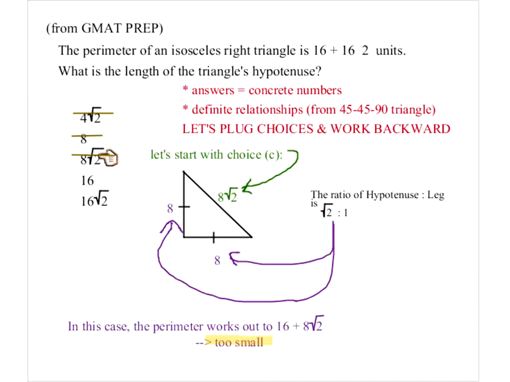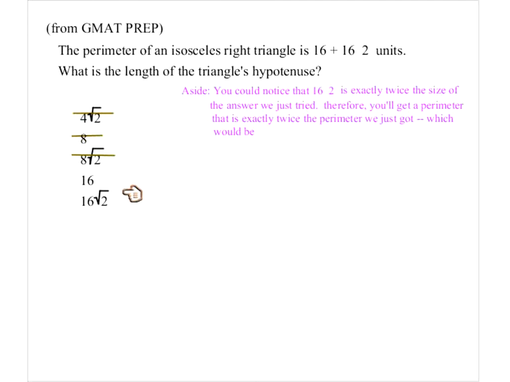We got that from plugging in 8 square root 2. So if we plugged in a number that is exactly twice that big, we would get a number that is twice as big. So that would be 32 plus 16 rad 2. That's also a wrong answer. So you can also realize with that sort of reasoning that E is incorrect.